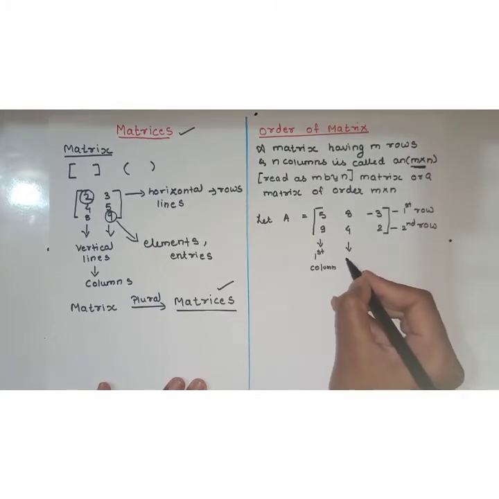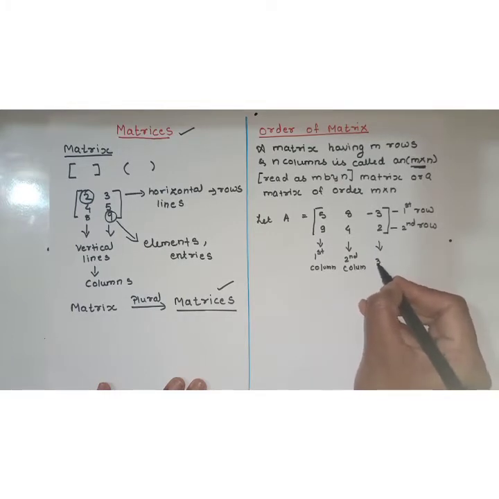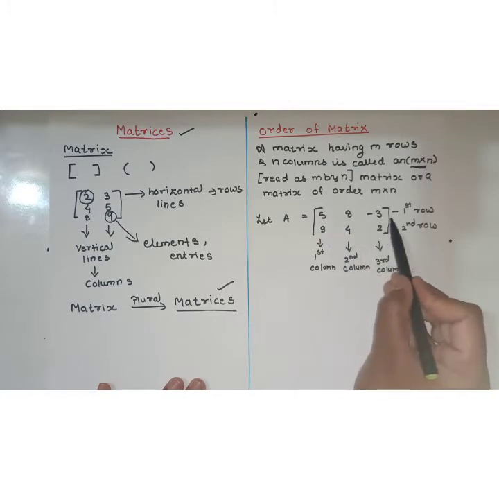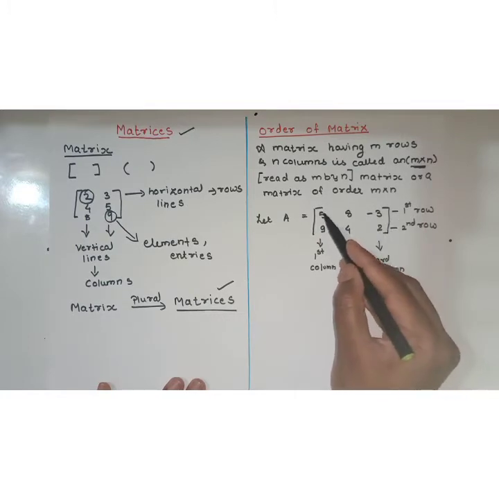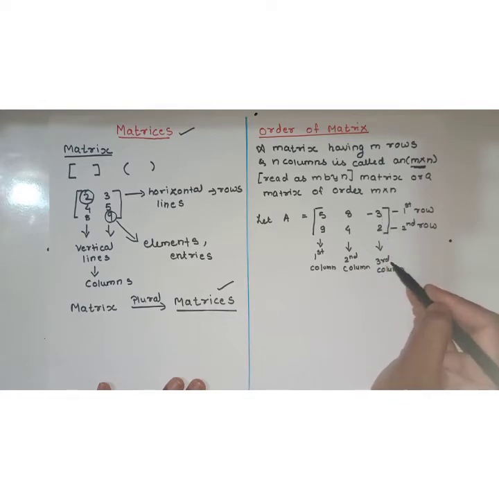This is your first row, this is your second row, this is your first column, this is your second column, and this is your third column.